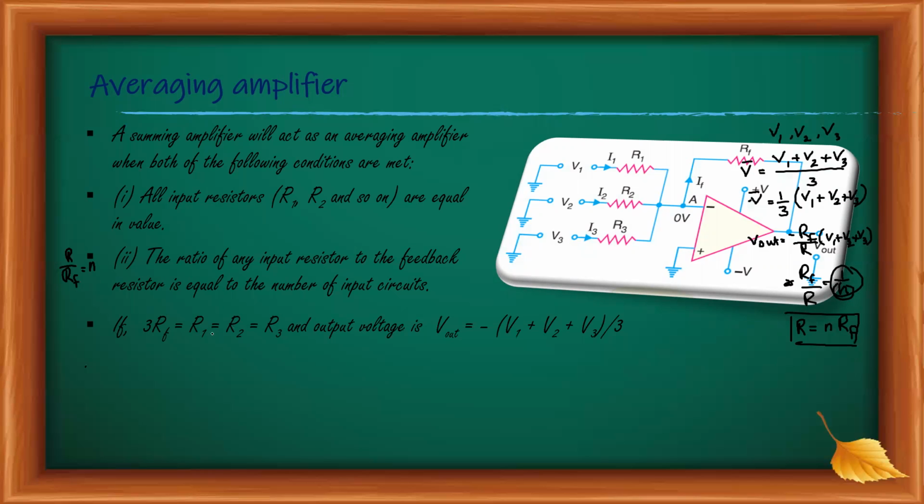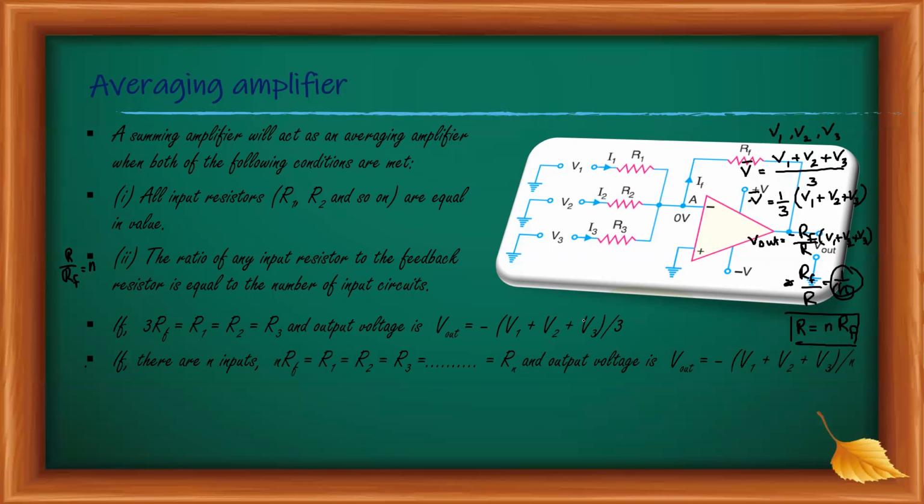Then the output voltage must be V out equal to minus 1 by 3 (V1 plus V2 plus V3), that is, minus (V1 plus V2 plus V3) divided by 3. So the average of the inputs is obtained as the output.